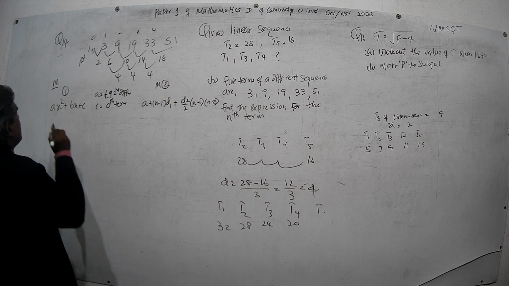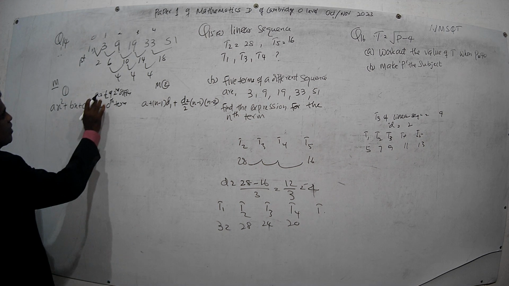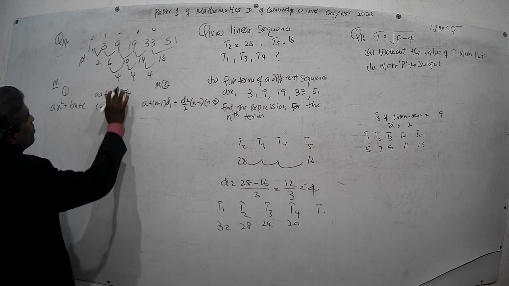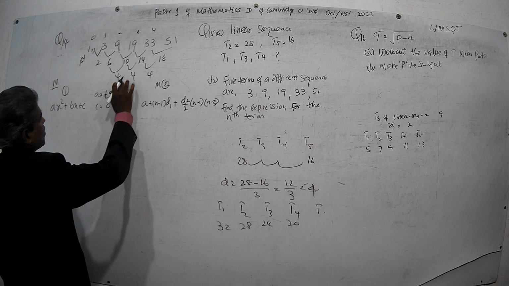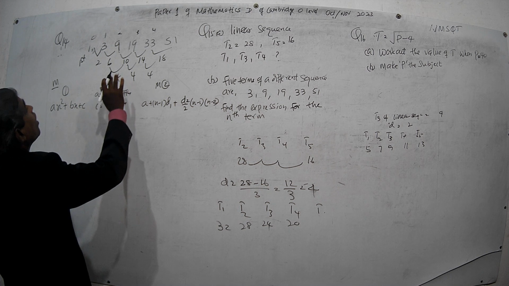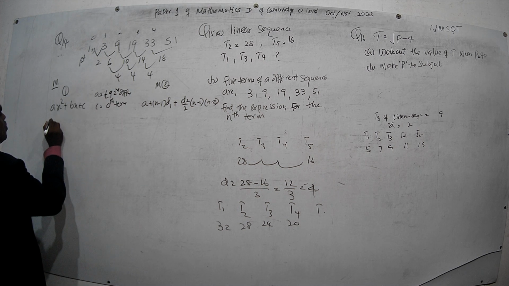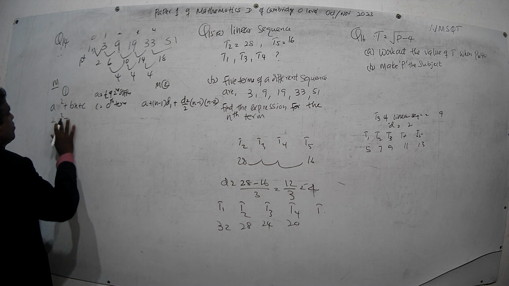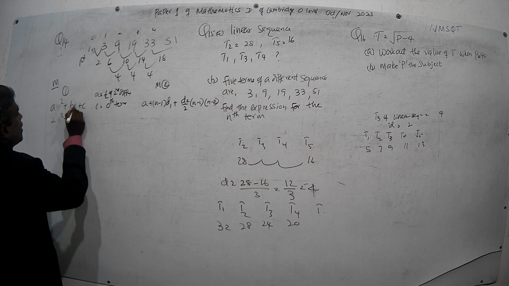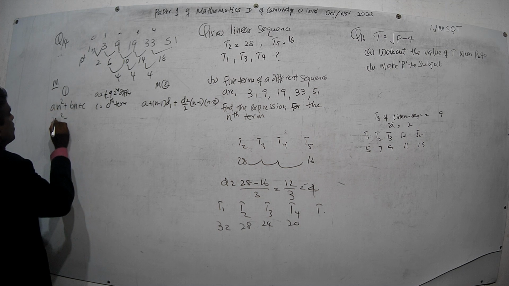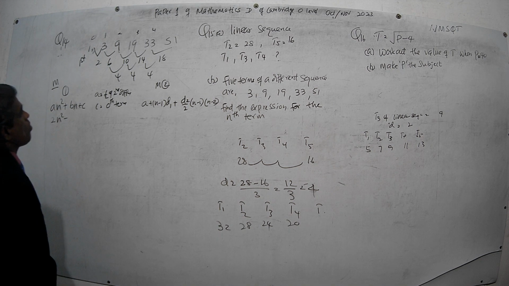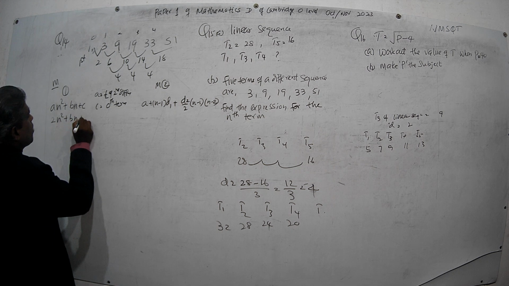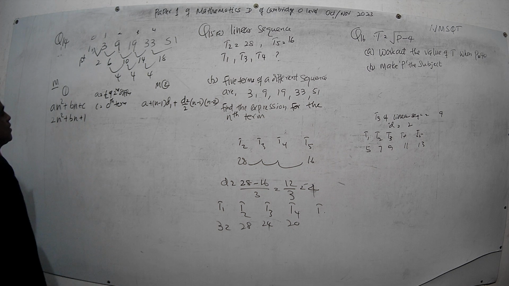Then we will substitute into this one. What is half of the second difference? Here the second difference is 4. Half of 4 is 2. So 2n squared plus bn plus the zeroth term 1, like this. Now n means the number of the term, right?